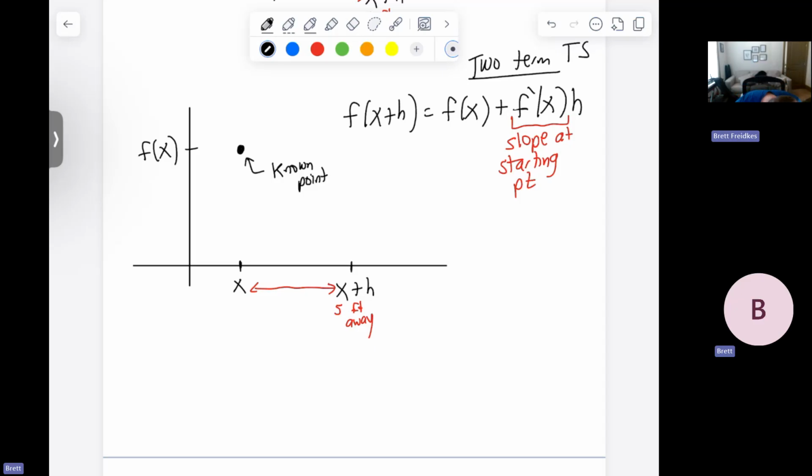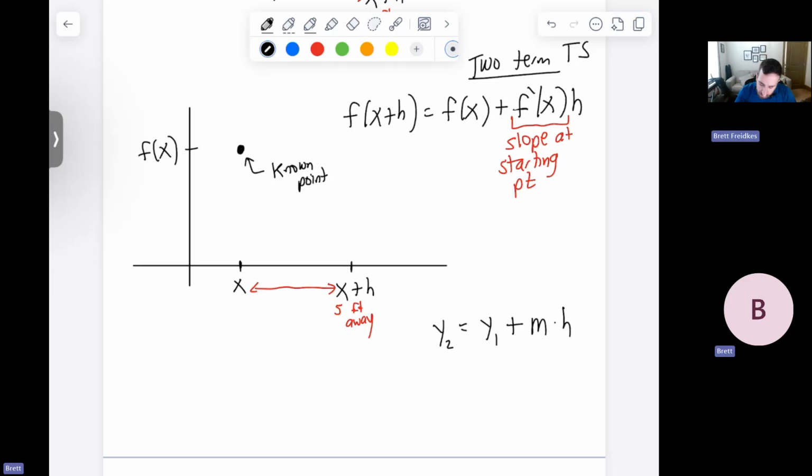Maybe this is some y value at the faraway point. That's a y value at the current point. f prime of x is the slope. And then h is how far away you are from that current point.